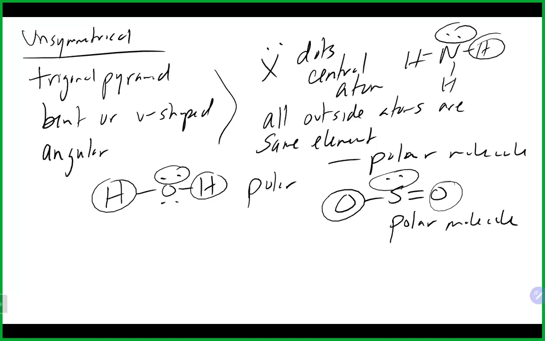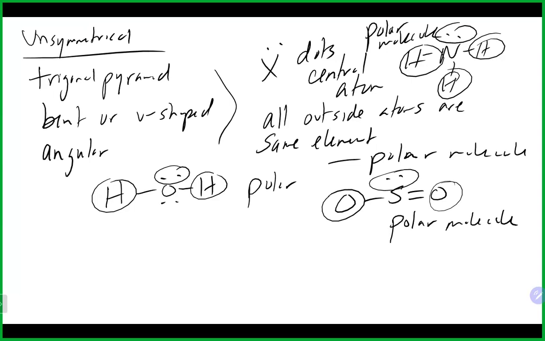See dots, everybody's the same, going to be a polar molecule. That is almost as quick as you can do molecular polarity. Dots or no dots, is everything on the outside the same or not the same? And you basically will probably be right 99.9% of the time without having to worry about vectors or anything like that. This also only leaves you linear geometry, which is pretty straightforward.